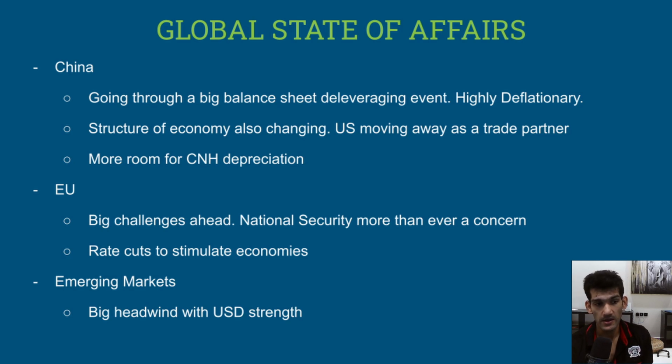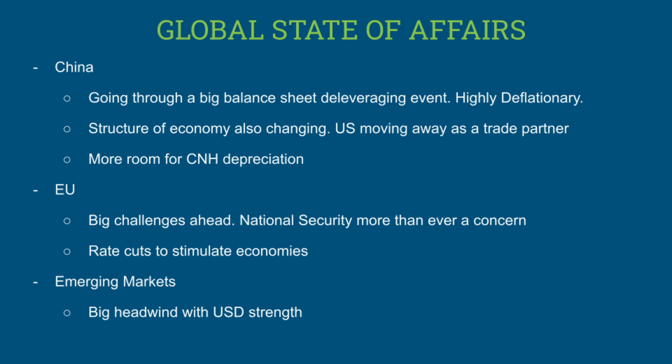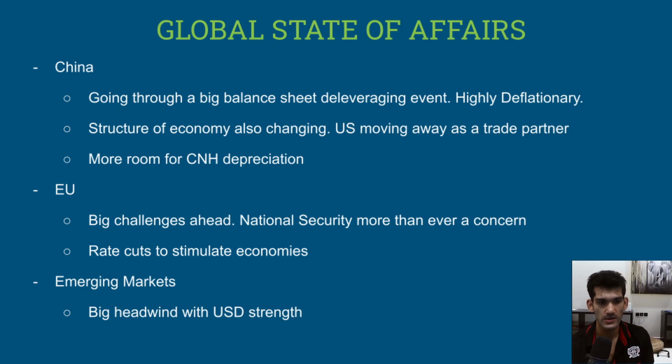We keep seeing rate cuts in Europe to stimulate the economies. So I think this is going to continue. It's going to probably move in lockstep with the US just to make sure that the EU is well coordinated with whatever is happening in terms of US monetary policy. For emerging markets, what we are seeing is that the USD strength will prove to be a big headwind.